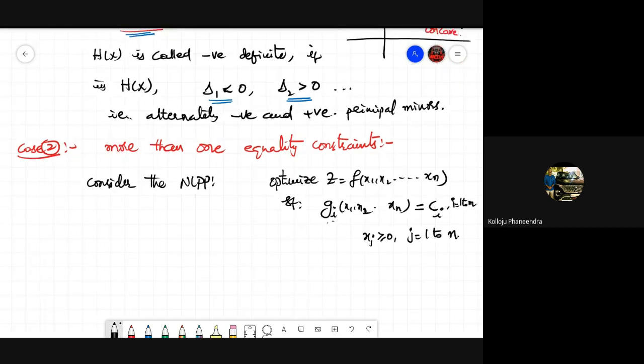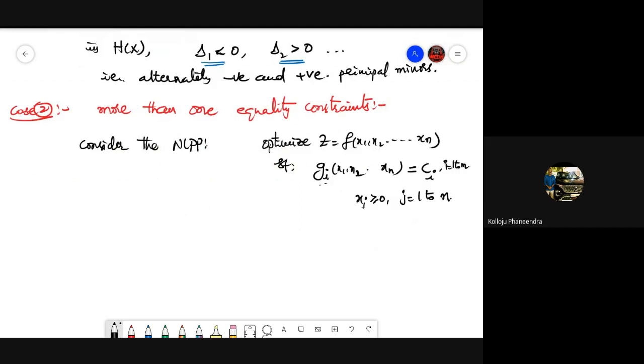Any doubts in this one? I'm generalizing this. The first case was one equality constraint, where we have the concept of maxima and minima and Lagrange's multipliers. Now m constraints, more than one equality constraint, same logic. Let hi of x1, x2, xn equal to gi minus ci, taking ci onto the left side.